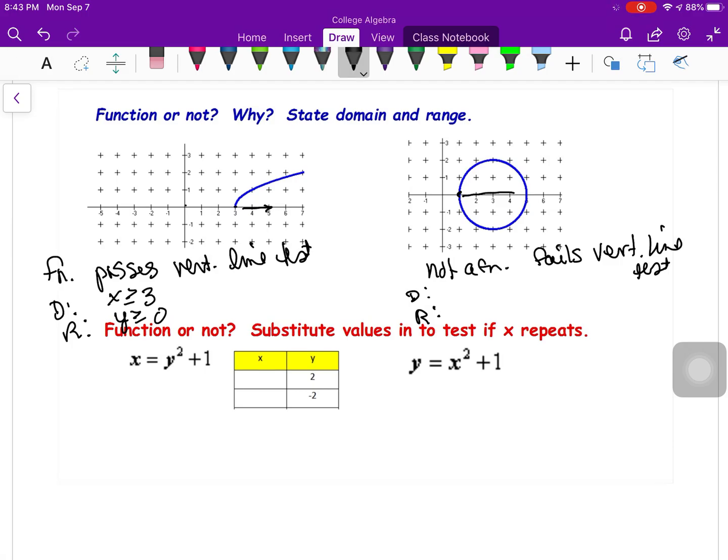This x to this x. So I have x is greater than or equal to negative 5, and less than or equal to 1. My range is from here to here. Negative 2 is less than or equal to y, which is less than or equal to 2.